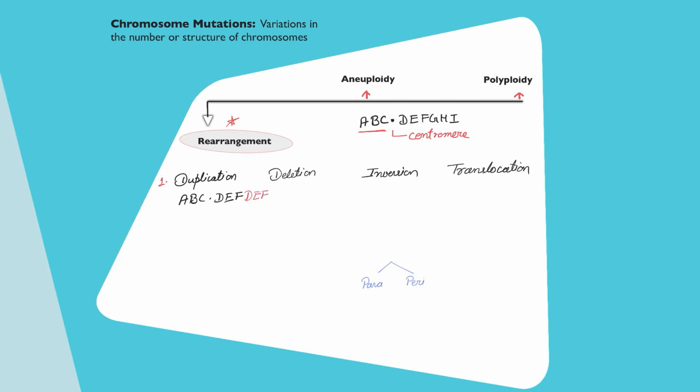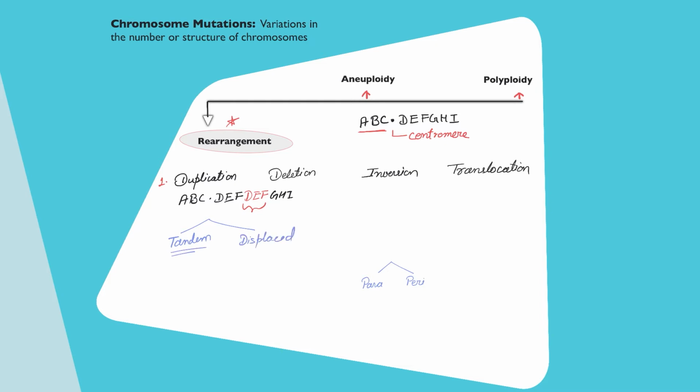DEF, and then GHI. Now you can see that this particular one is the duplicated segment, right? The duplication can be tandem, meaning it is next to each other, like in this example, or it can be displaced.